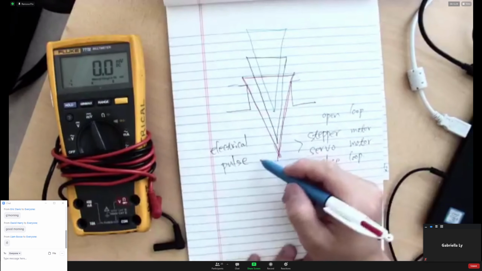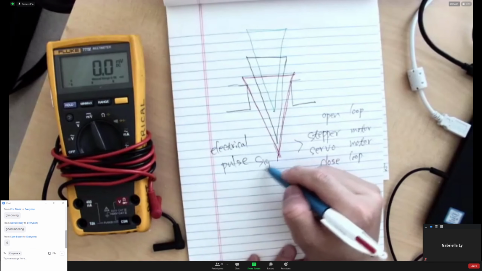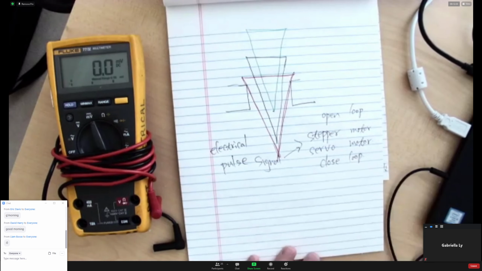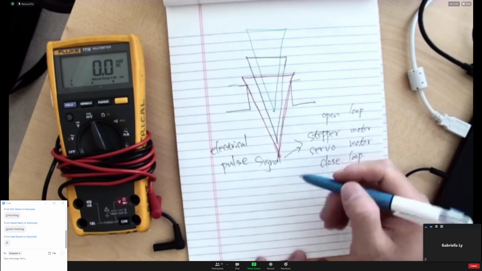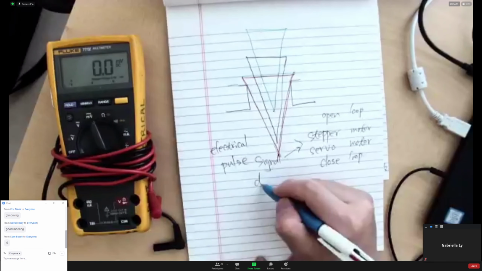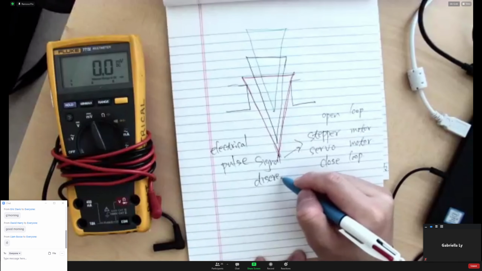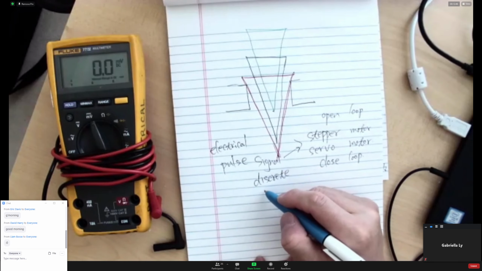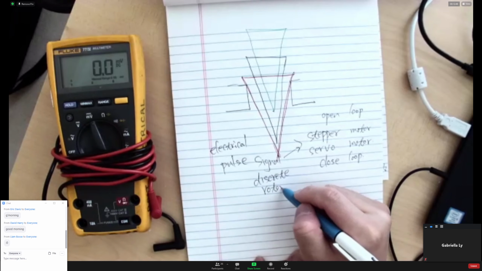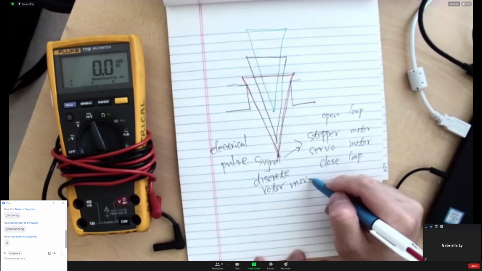You send the pulse signal into those motors, and they produce what they call discrete rotor movement.